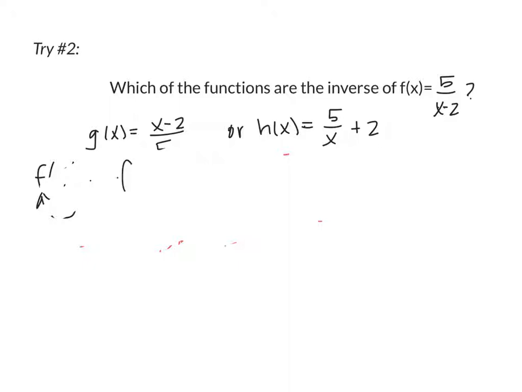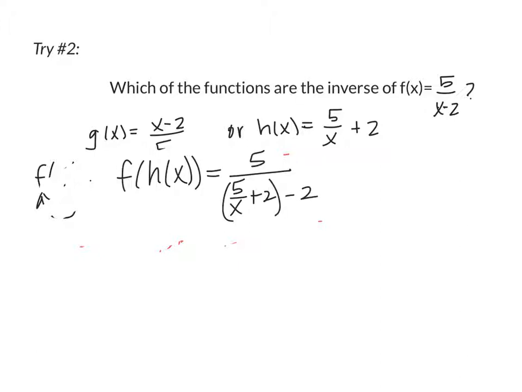We're going to do f of h of x, which means I'm going to have 5 over h of x, which would be 5 over x plus 2, and then we still have to finish it with the minus 2. Now this looks a lot better because the 2's will cancel there.